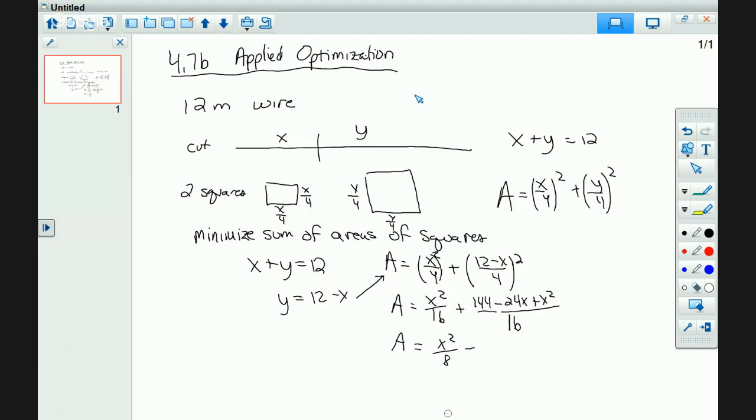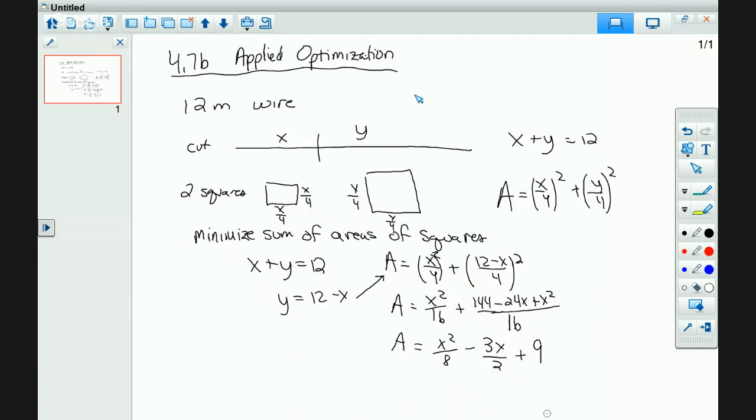That simplifies to 3 over 2 x. 12 times 12, 144 over 16 is 9.